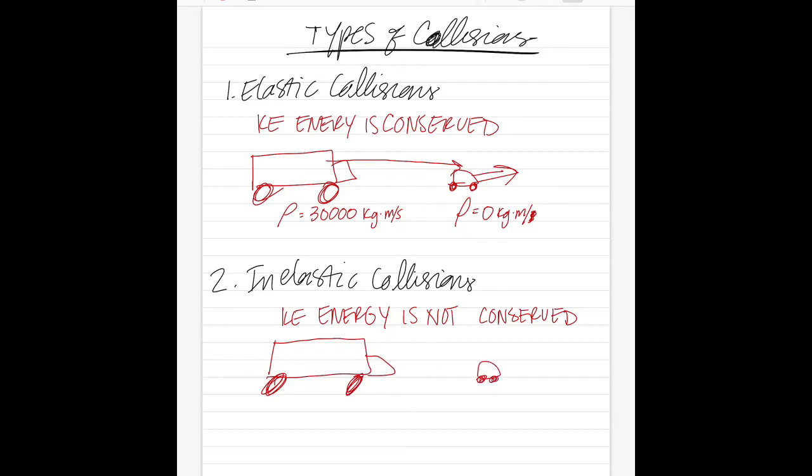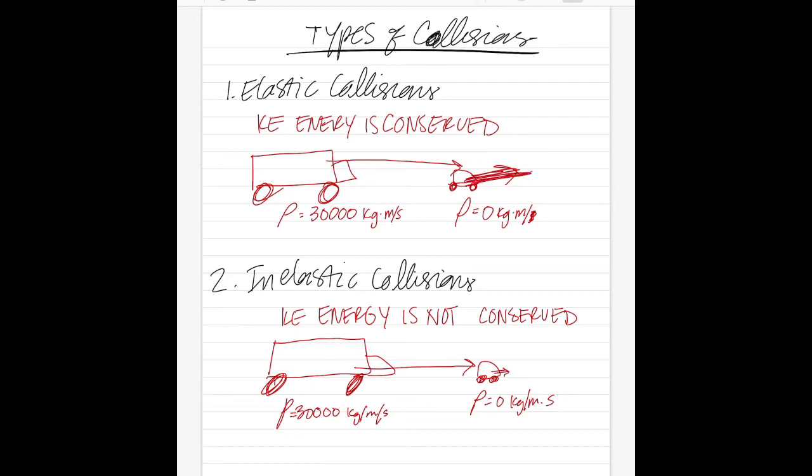So you've still got the same situation. Momentum here is 0. Momentum here is 30,000. And then when this 18-wheeler hits this little car, it's not necessarily conserved. And so some of it's going to be lost in the collision itself. So yeah, this car may move, but it may be just a little bit.